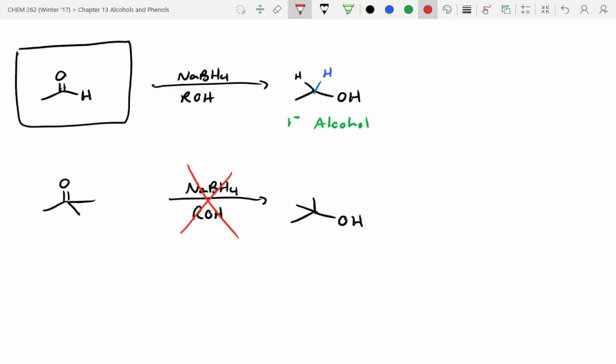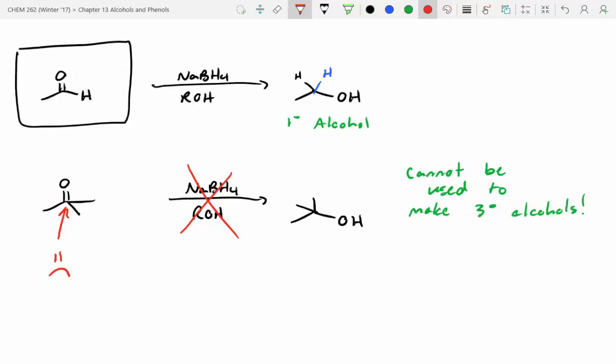So this reaction will not work. That is one major limitation to this reaction: this is a big fat Texas carbon, and you should never ever draw those.